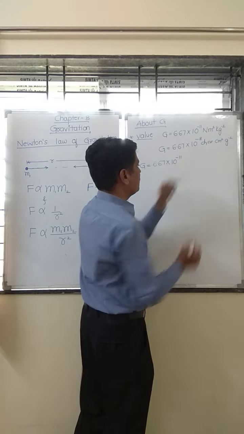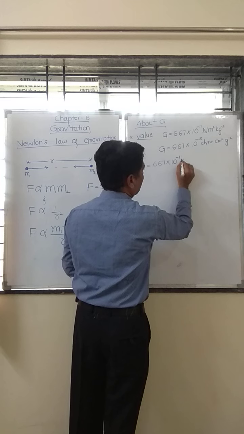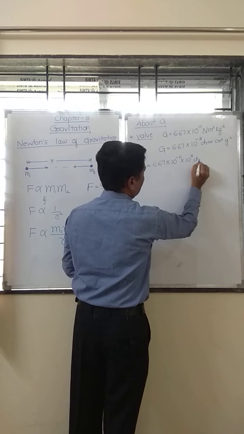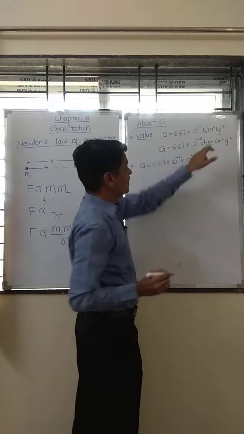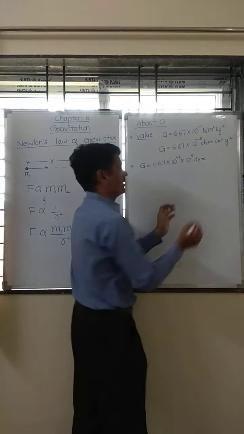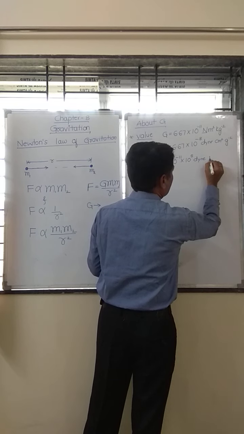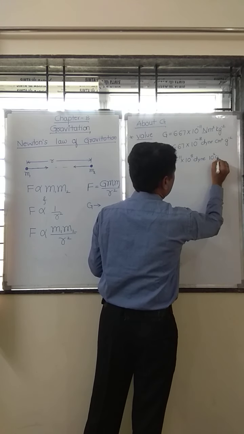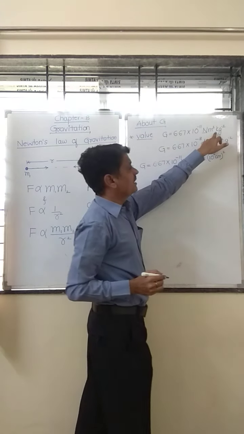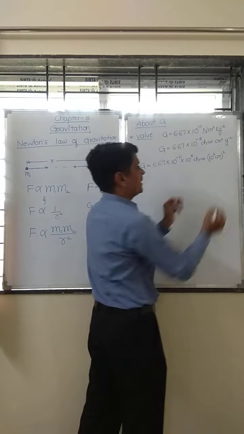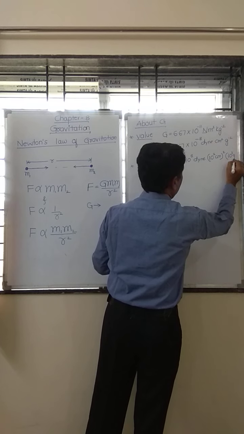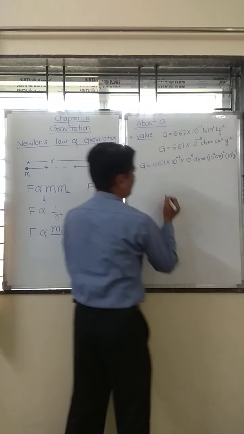You know, 1 Newton is equal to 10 to the power 5 dyne. 1 meter is equal to 100 centimeter, 100 is nothing but 10 to the power 2 centimeter, and it is squared. kg means kilogram, kilo means 10 to the power plus 3, so 10 to the power plus 3 gram raised to minus 2.